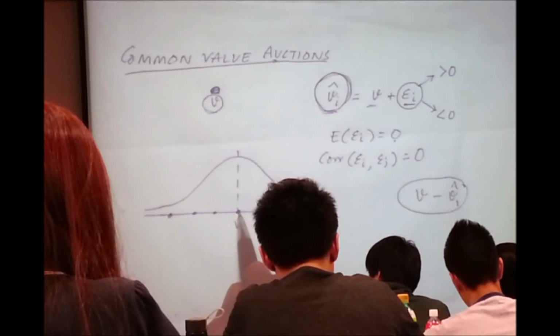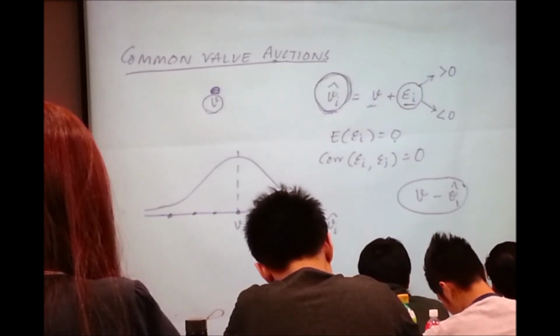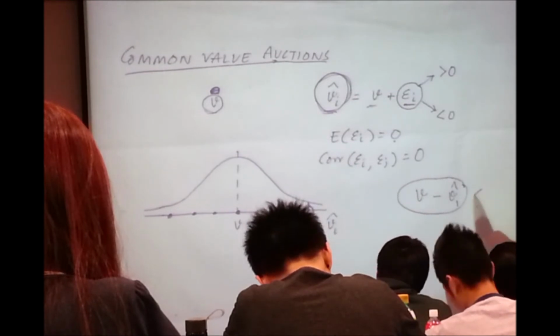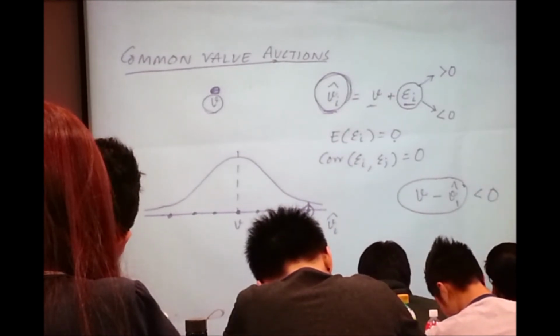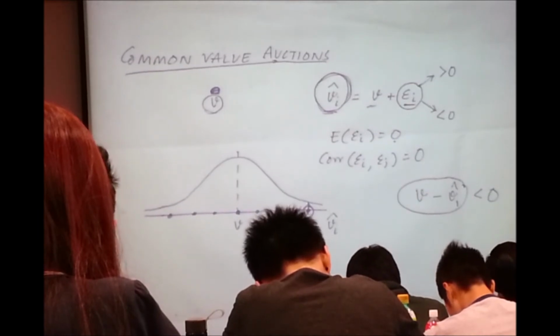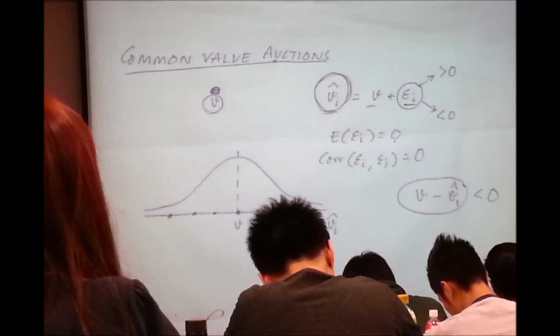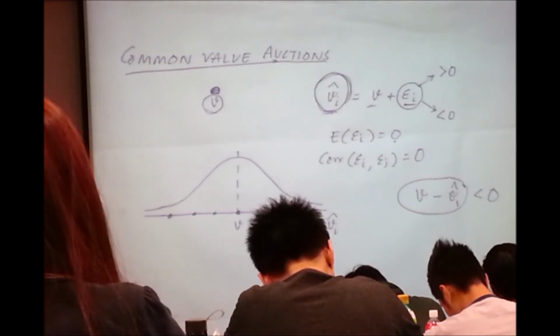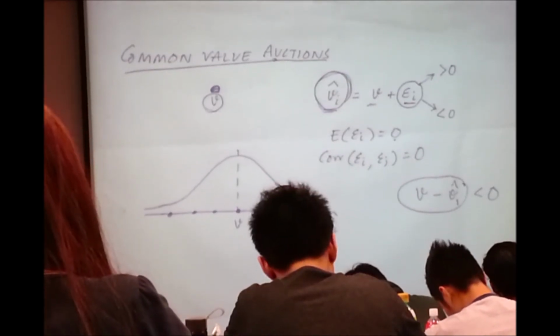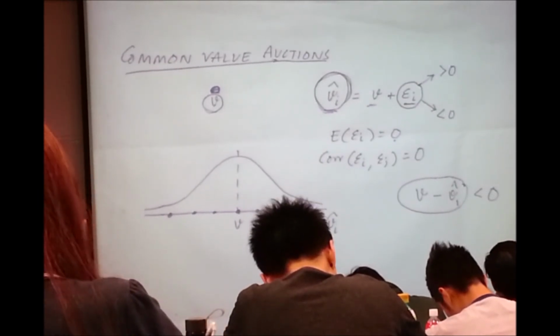The true value is here. The price he is paying is here. The winner of the auction wins, but suffers a negative payoff. This phenomenon is called the winner's curse. You win, but you only win because you have overestimated the value.